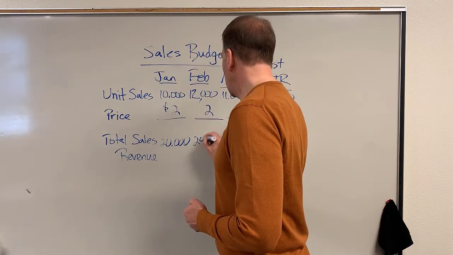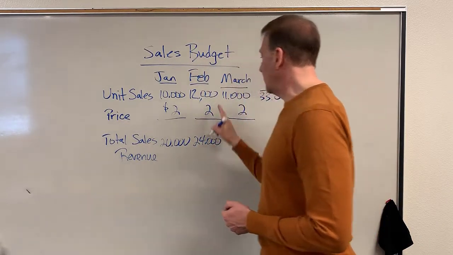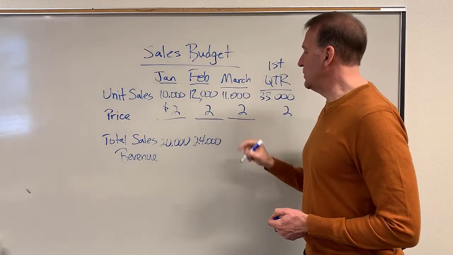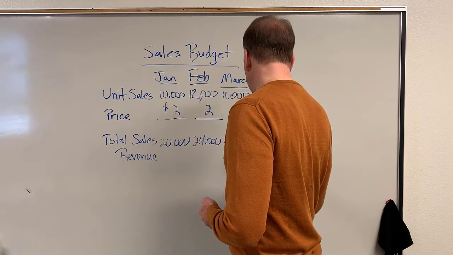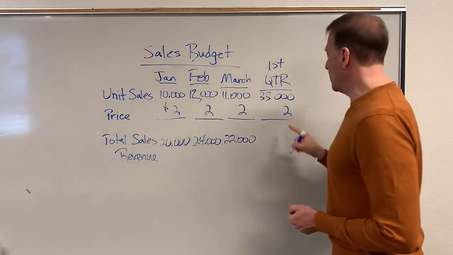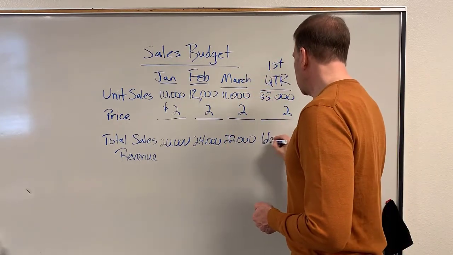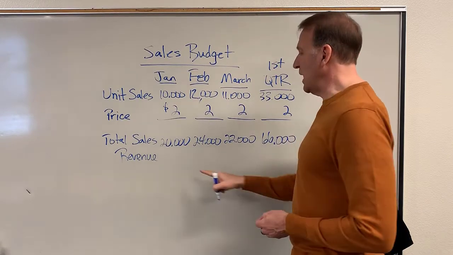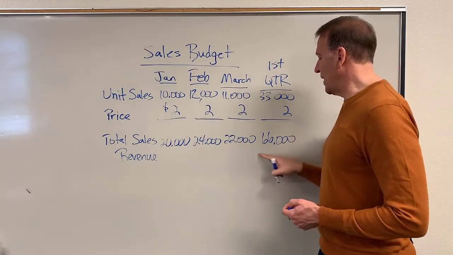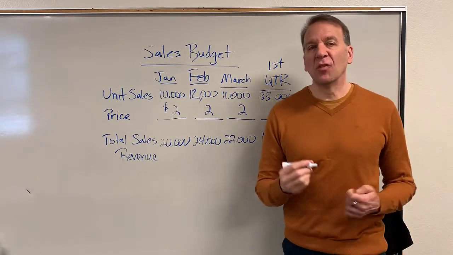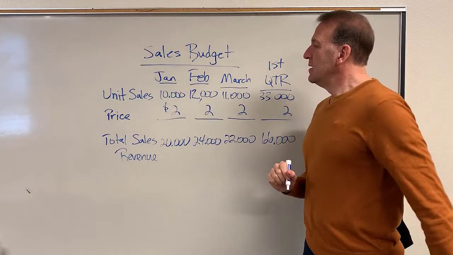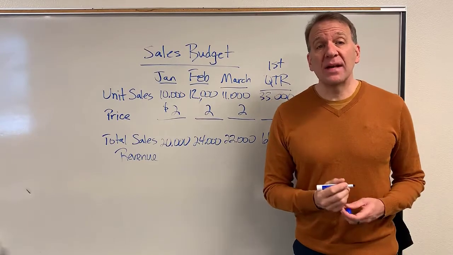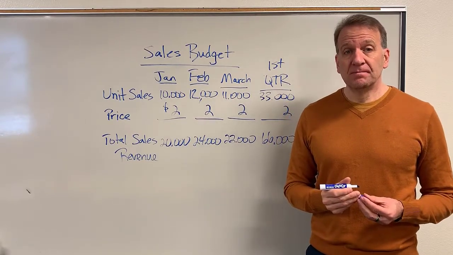February would be 24,000, 12,000 times 2, and then 11,000 times 2 is 22,000, and then 33,000 times 2 is 66,000. But at the same time I would add these up just to make sure that they do equal this number, to make sure I haven't done something wrong mathematically. And you can see this does work. So that's as simple as a sales budget is.